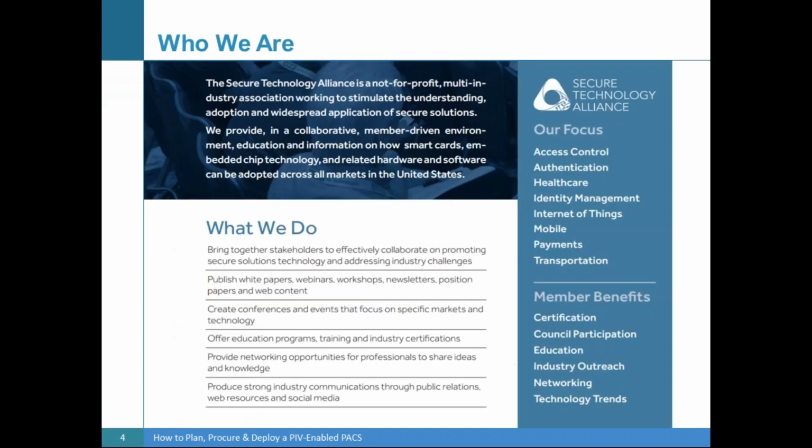For those of you who may not be familiar with the Secure Technology Alliance, here is a brief overview. The Secure Technology Alliance is a not-for-profit multi-industry association working to stimulate the understanding, adoption, and widespread application of secure solutions.